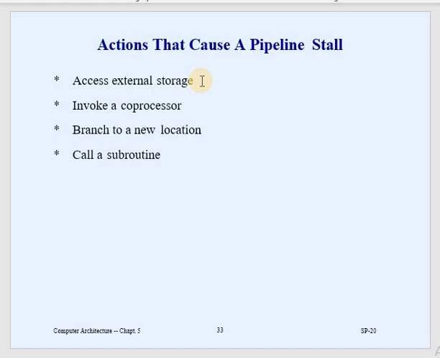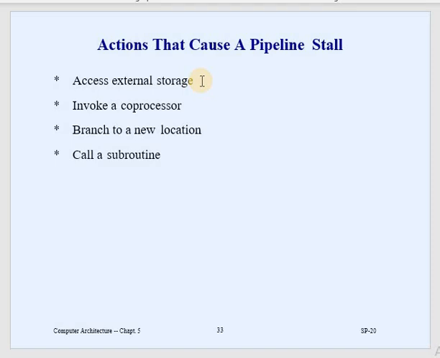The RAM is slower than the internal storage of the processor, the hard drive is slower than the RAM, and the external hard drive is even slower than the internal hard drive. So if we are fetching our operands from external storage, then obviously the pipeline will experience a stall.